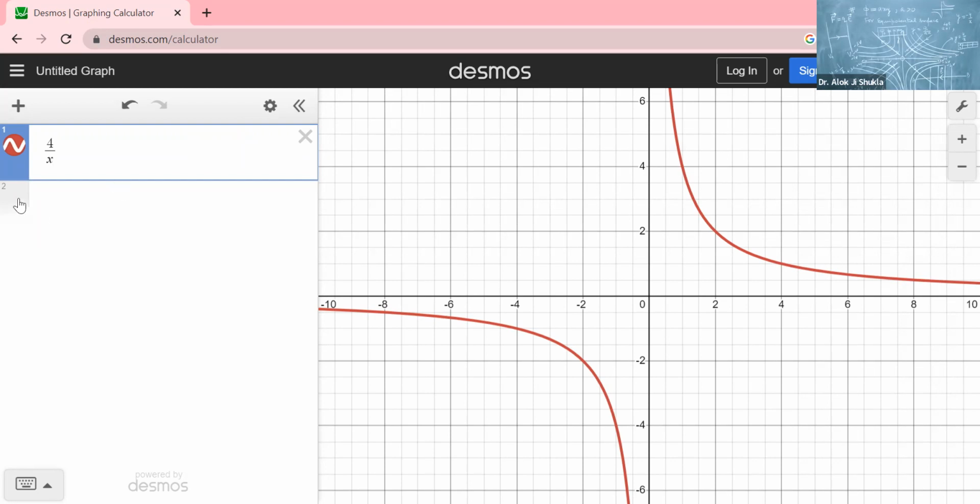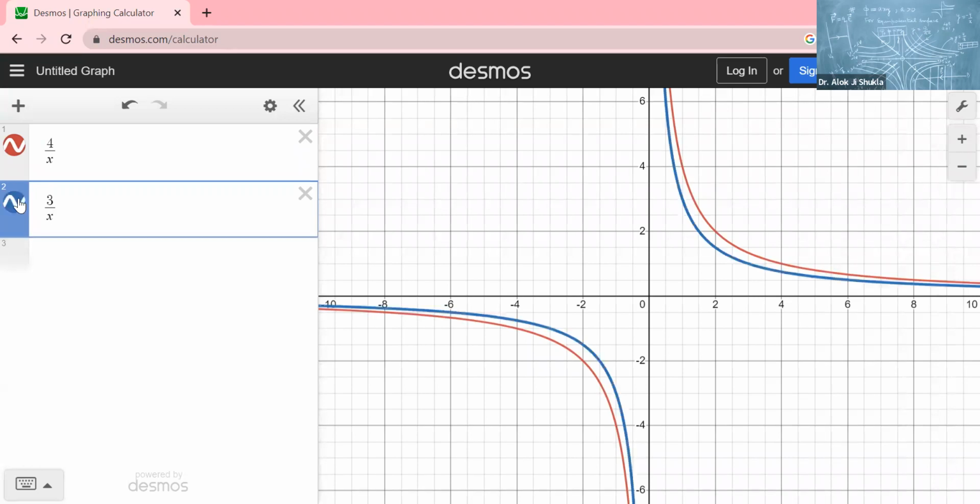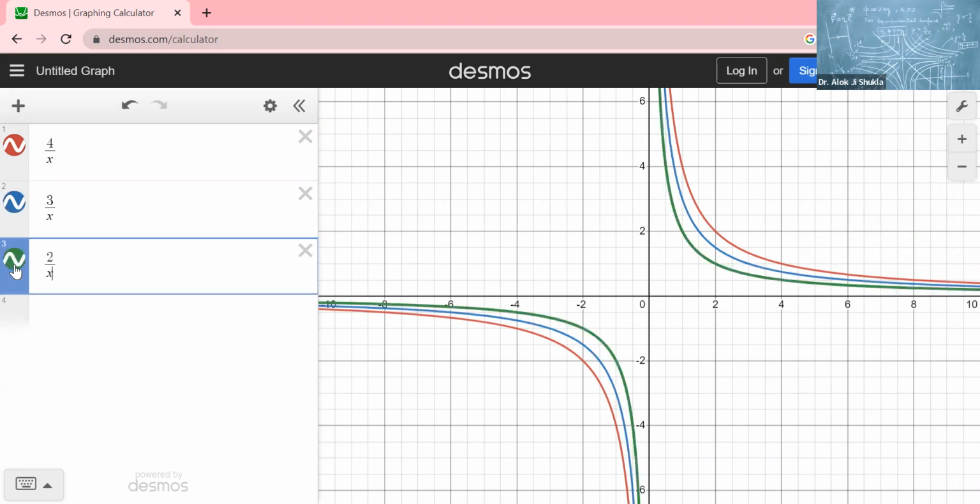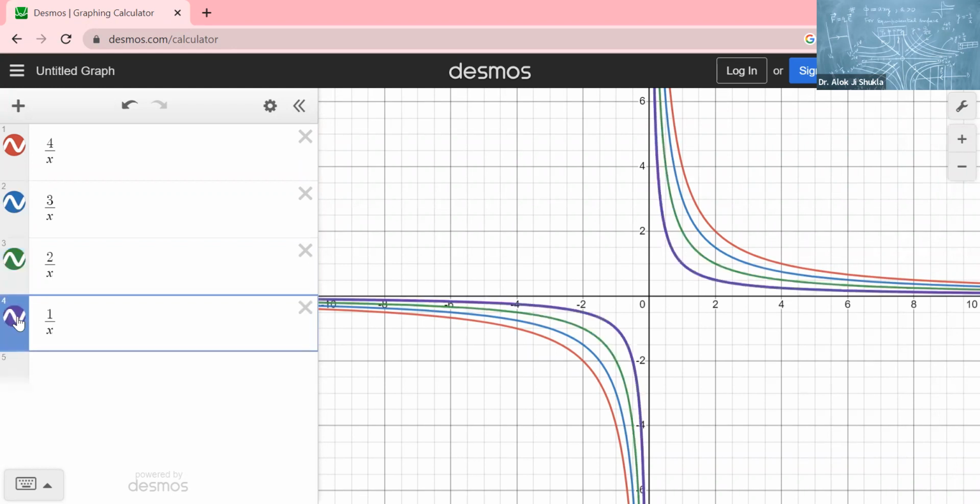Then take 3 by x. Then take 2 by x. Then take 1 by x. ये set of equipotential surfaces बन गए for positive potentials.